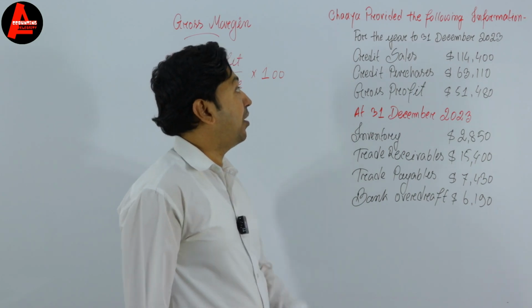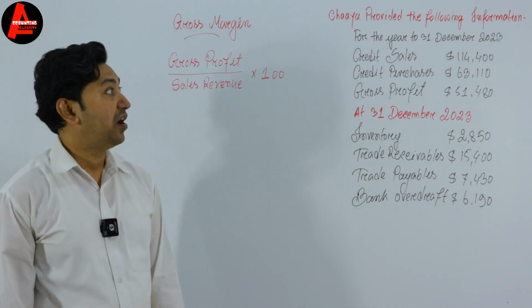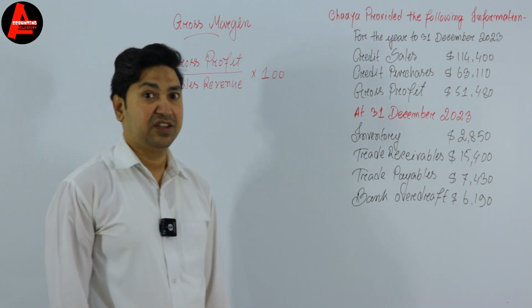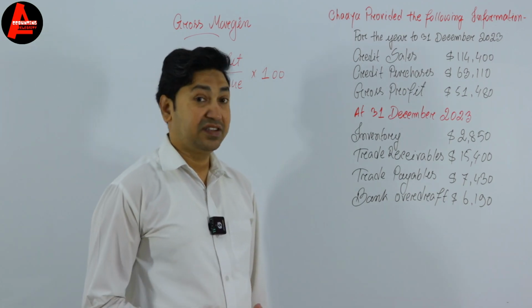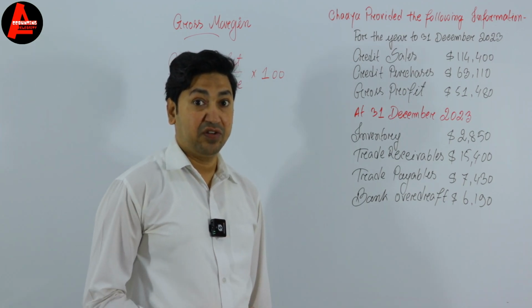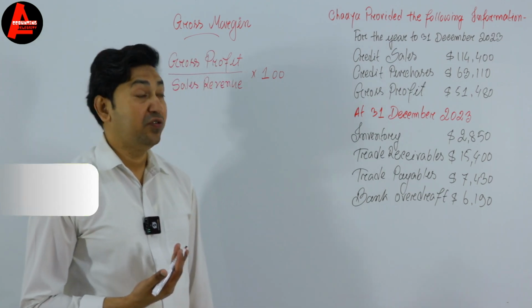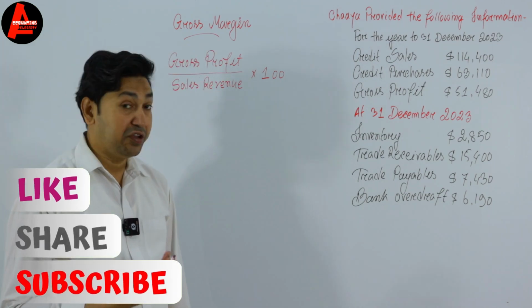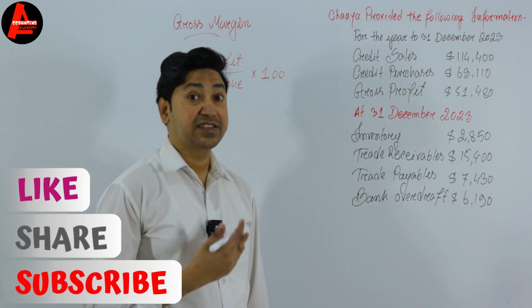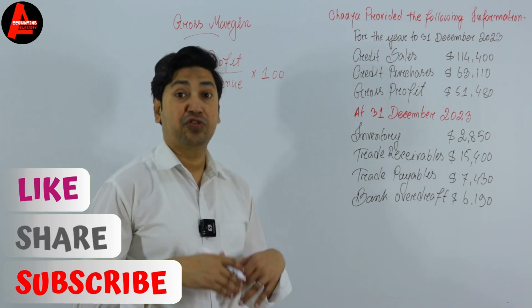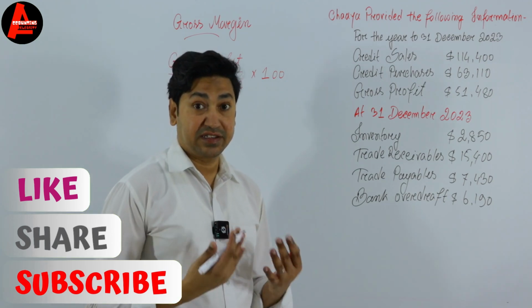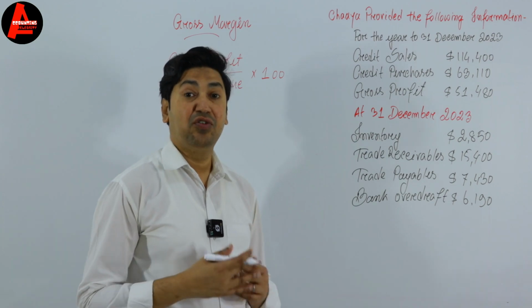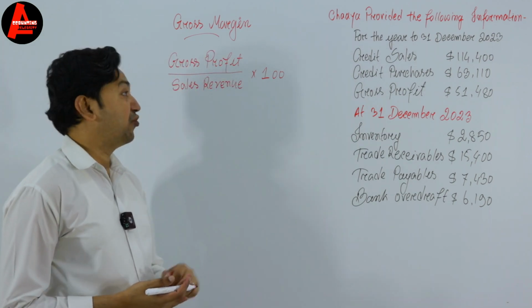In the question we have credit sales, credit purchases and gross profit. Here we have credit sales of $114,400. This is our revenue. If we had cash sales as well, then credit sales and cash sales all together would be sales revenue.